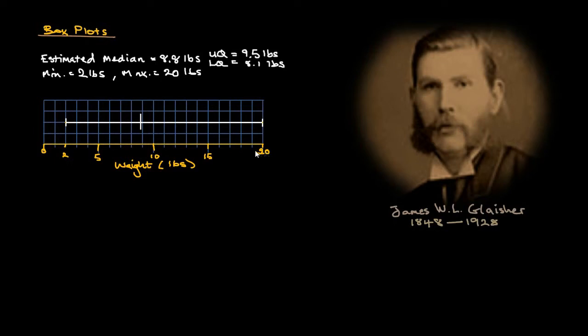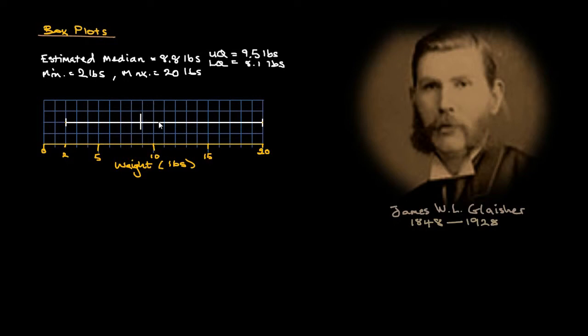Finally, what we need to do is draw the box of the box plot. If these are the whiskers, then this is the box. So we're going to draw the box, which is going to represent the interquartile range. Now, we divide the data up into quartiles, which is basically quarter values.